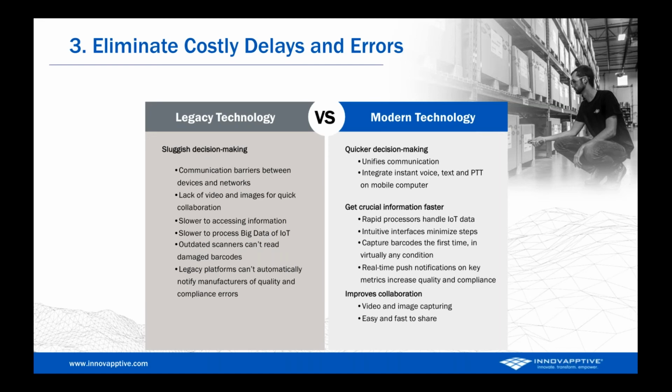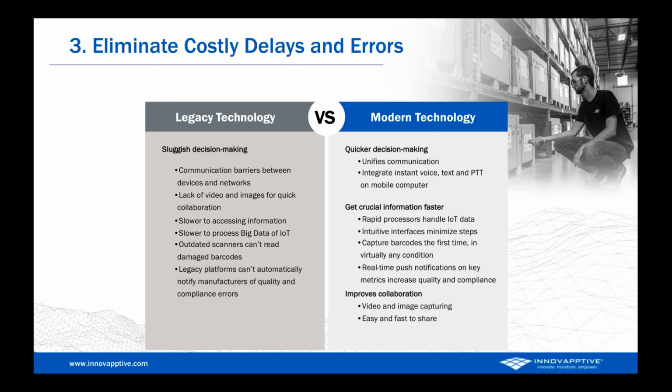Quicker decision making, we mentioned that earlier. And as Internet of Things comes along, being able to integrate mobile into other equipment in the warehouse will become more important over time. Push notifications are another feature of mobile devices.